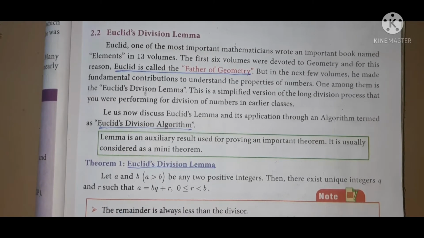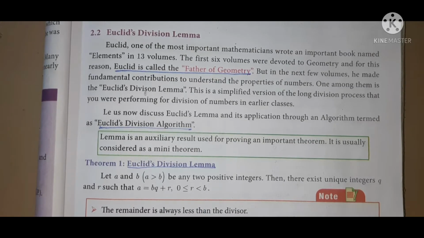Let a and b, if a is greater than b, be any two positive integers, then there exist unique integers q and r such that a is equal to bq plus r, where r is greater than or equal to 0 and less than b.